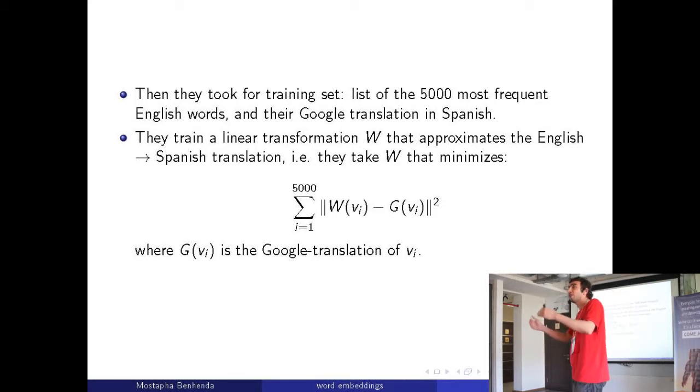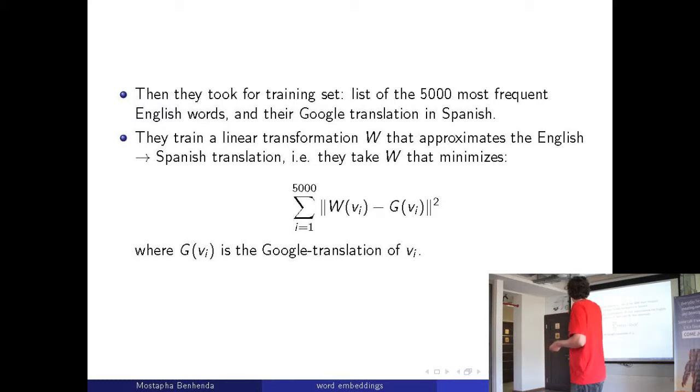So we take a dictionary, a normal handmade dictionary, which gives you the translation between English and Spanish. And you use it as your training sets. And then you train a linear transformation to generalize to all your vocabulary.